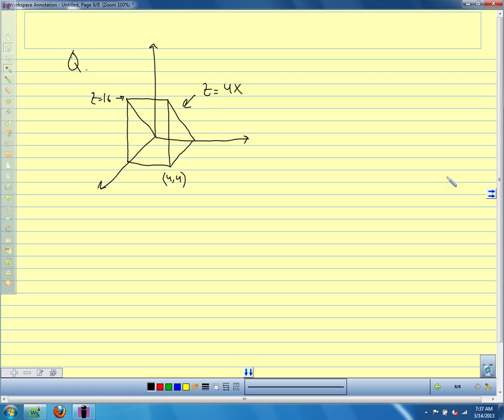What would be the easiest way to do this? So yeah, this one I could do a double integral here, right? Here's my surface, z equals 4x, and I have my region in the xy plane. I could set up a double integral, but yeah, Lee says use geometry.